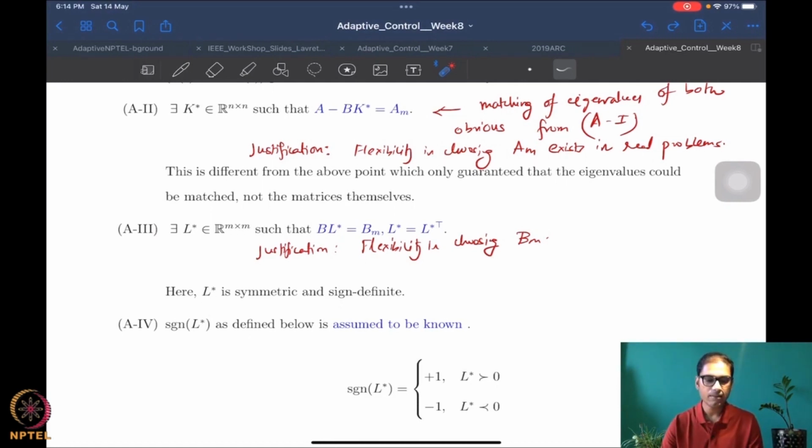So the way to think about this, on top of talking about flexibility in choosing BM, is that somehow we are saying that BM has similar definiteness properties as B. All right.